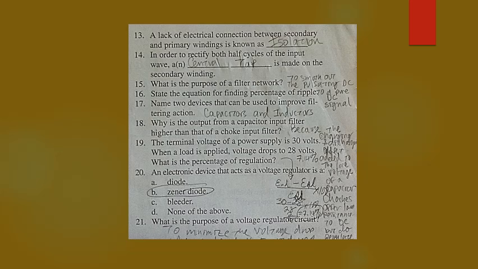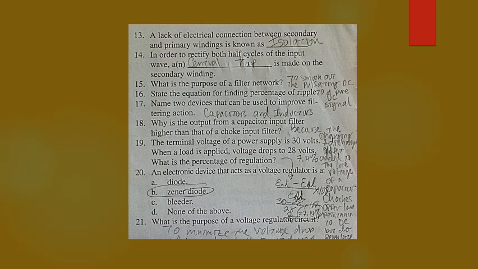And that equation is percentage ripple equals E RMS of ripple voltage divided by E average of total output voltage, and you multiply that by 100%. Question 17. Name two devices that can be used to improve filtering action. Those are capacitors and inductors.